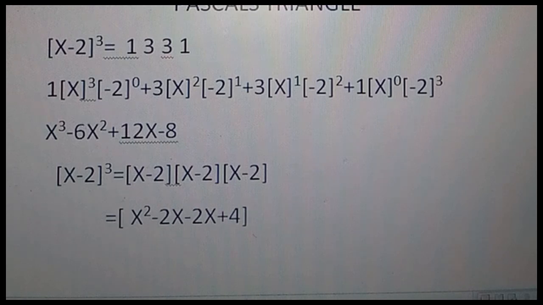Let's close the bracket, and put down another bracket that we don't multiply by any number, x minus 2.